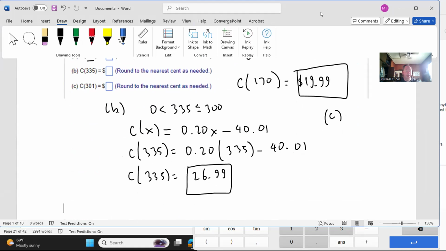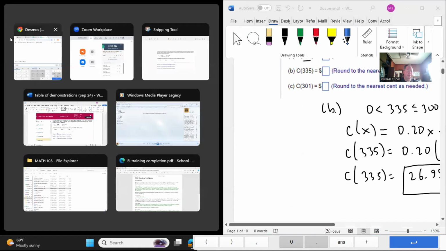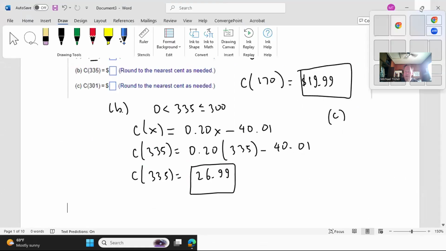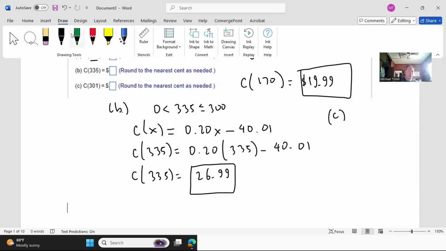So let's go to Desmos again. And we got 301, which gives 20.19. So we can say c of 301 is equal to 20.19.